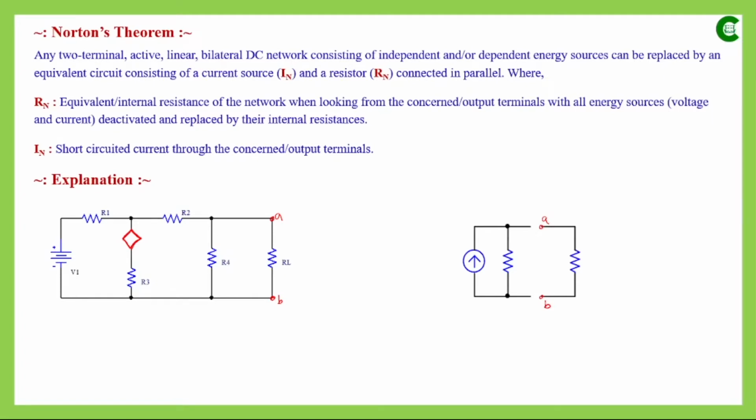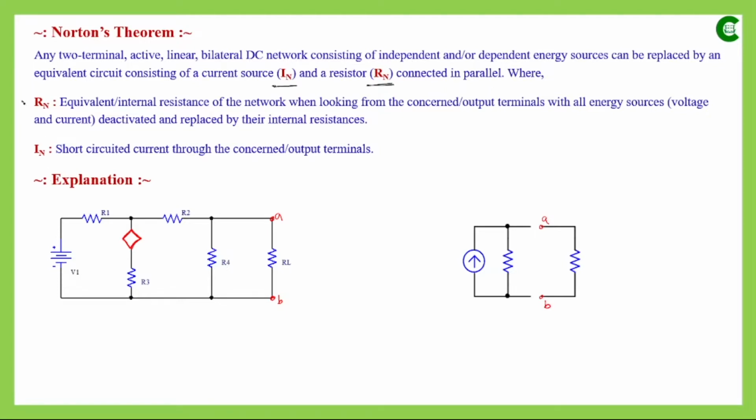Now, Norton's theorem for a DC circuit that also has dependent sources says that any two-terminal active linear bilateral DC network consisting of independent sources along with dependent energy sources can be replaced by an equivalent circuit consisting of a current source, represented by IN, and a resistor of value Rn, connected in parallel.